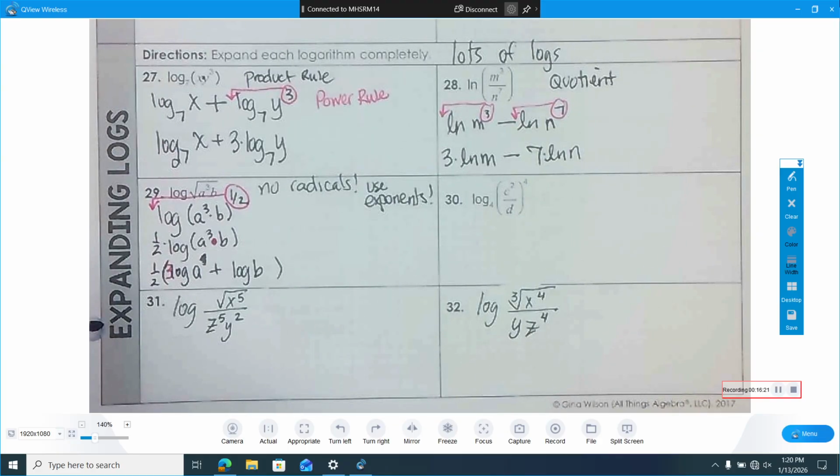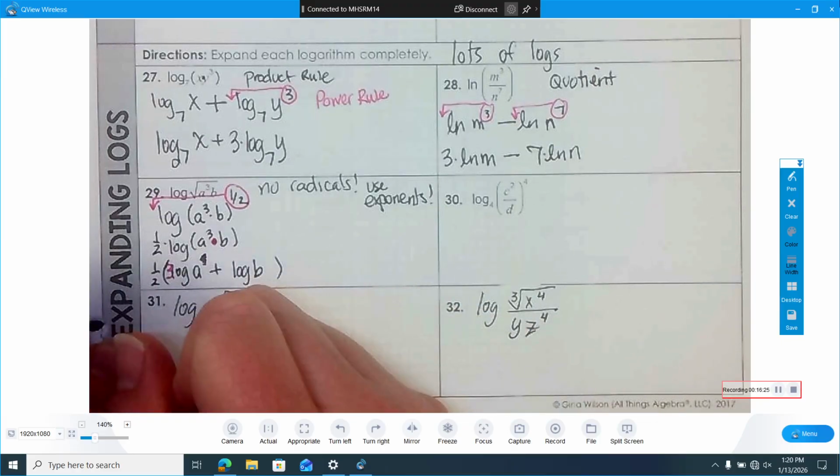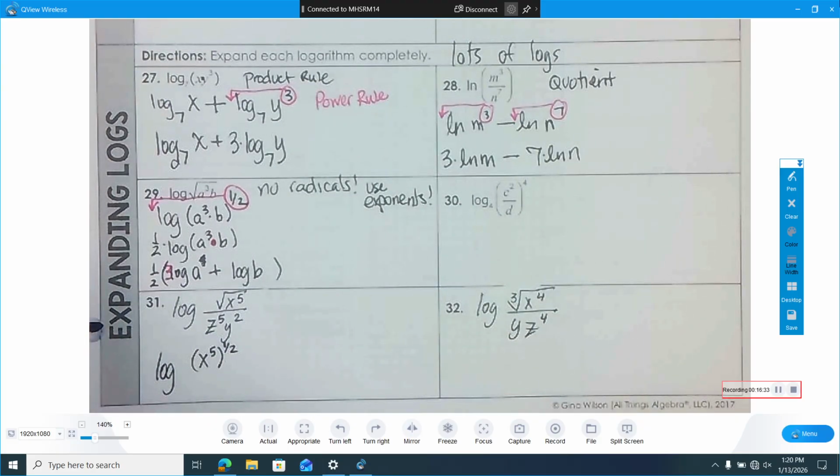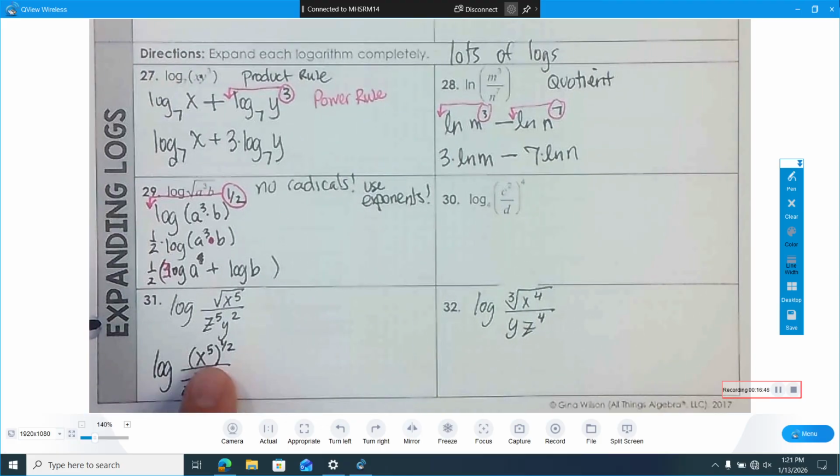All right, what should we do first here? Radical, yeah. So I'm going to rewrite that as log of x to the 5th to the 1/2 power. That radical is just affecting that x to the 5th. And then on the bottom I still have z to the 5th times y squared. Can I clean that up? X to the 5th to the 1/2?